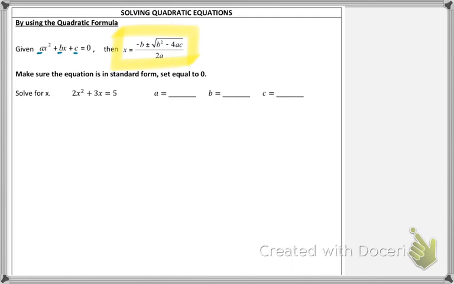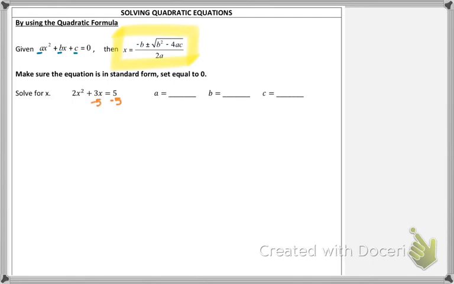Okay, so if we look at the first example, 2x squared plus 3x equals 5. If I want to solve by using the quadratic formula, the first thing I'm going to do is move that 5 to the left so that it's in standard form.